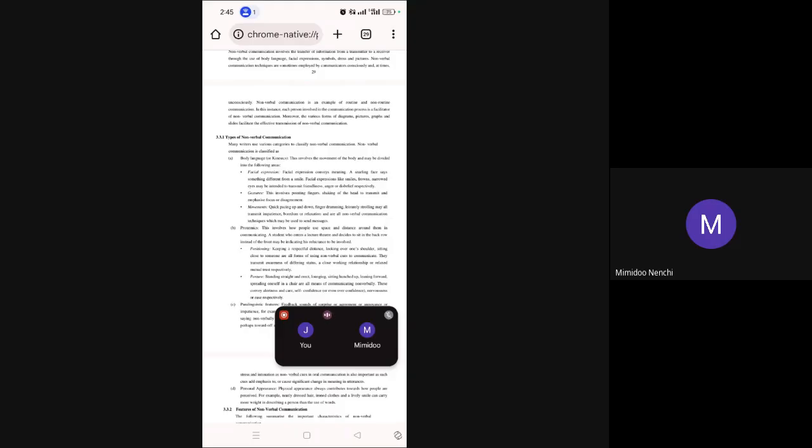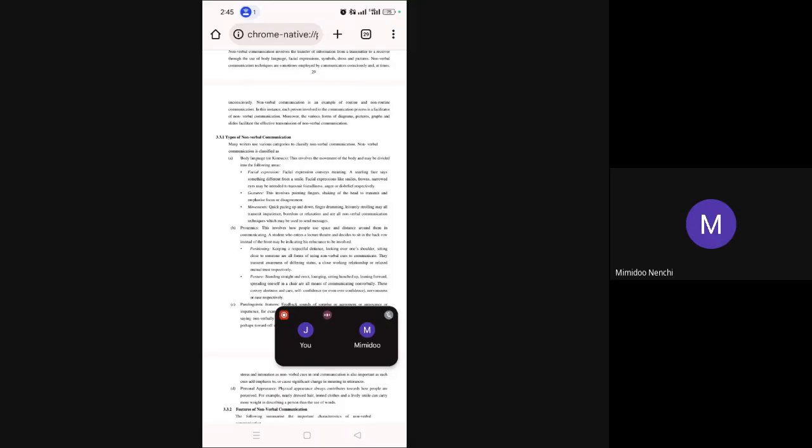That's another form of what? Body language. So another one is movement. Quick pacing up and down, finger drumming, leisurely strolling may also transmit impatience, boredom, or relaxation, and all are non-verbal communication techniques which may be used to send messages.